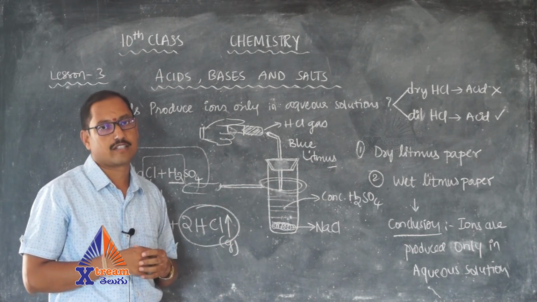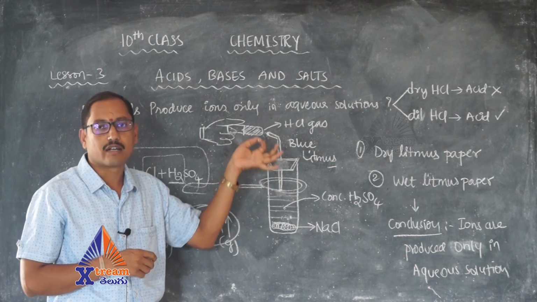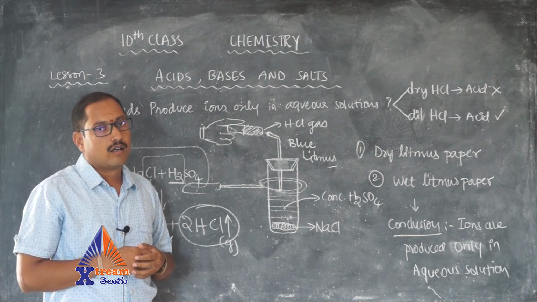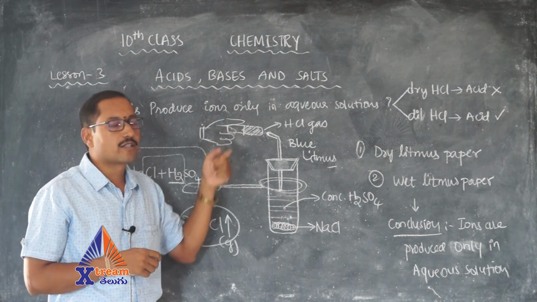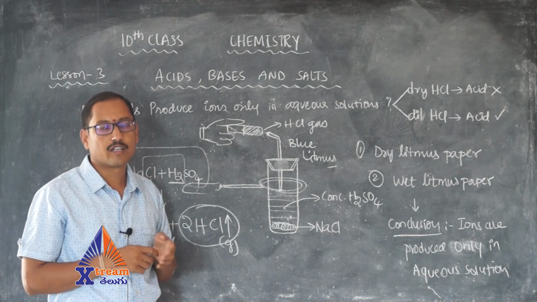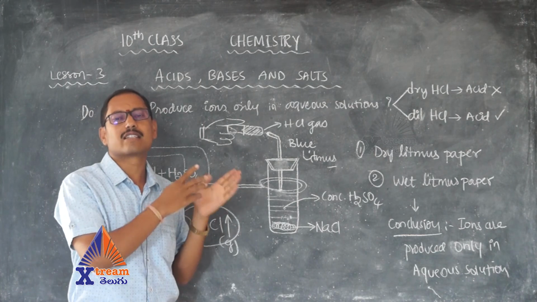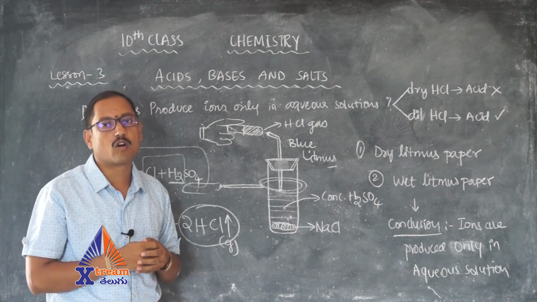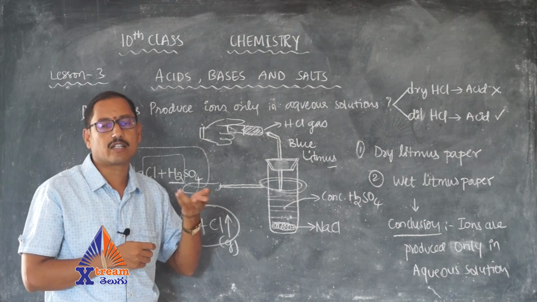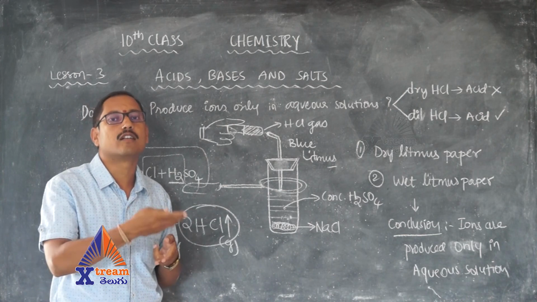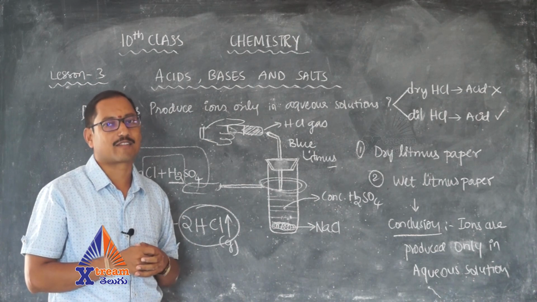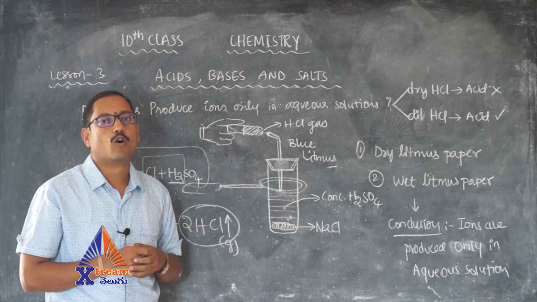Close the test tube with a rubber cork and add a delivery tube into the rubber cork. After some time, put a litmus paper near the opening of the delivery tube. If it is dry litmus paper, then you will not find any change in the color. If it is wet blue litmus paper, it will turn red in color, indicating that ions are produced only in aqueous solutions.